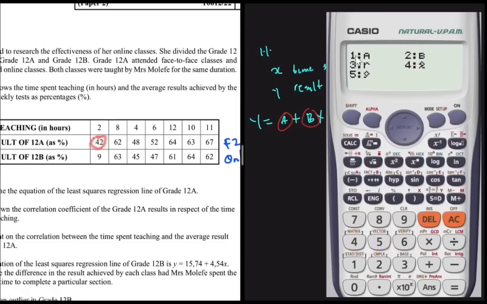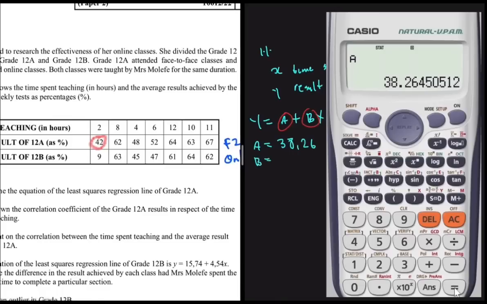You can see that on 1 we have A, on 2 we have B, and so on. We're looking for A, so let's press 1, and an A will pop up on your screen. You press equals, and you get the corresponding value. So now we know that A is 38.26.